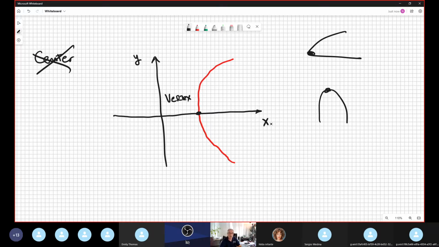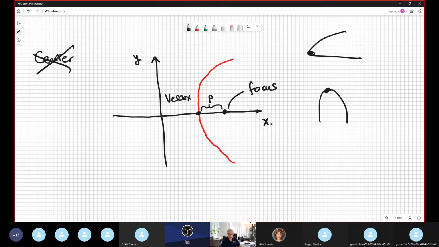Now we have the focus, only one. This is the focus. The focus is on this axis here. It's a point, and the distance between the vertex and the focus is p, the same p of the formula.